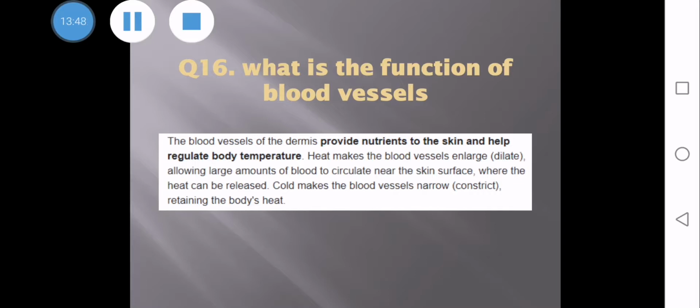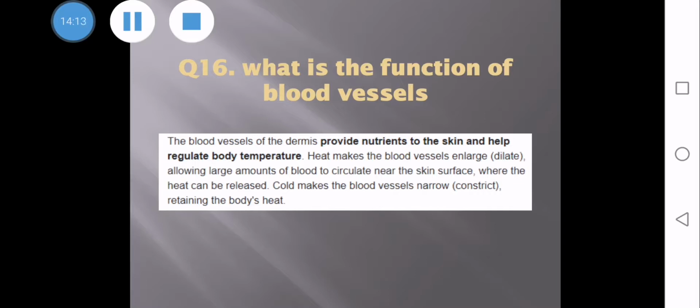How? By blood vessel dilation. This dilation will cause heat loss directly through radiation, conduction, convection, or secondly through the sweat glands. It will give out the heat or the water to the sweat glands, and from the sweat glands it will come out of the sweat pores in the form of sweat and cool down the body temperature.